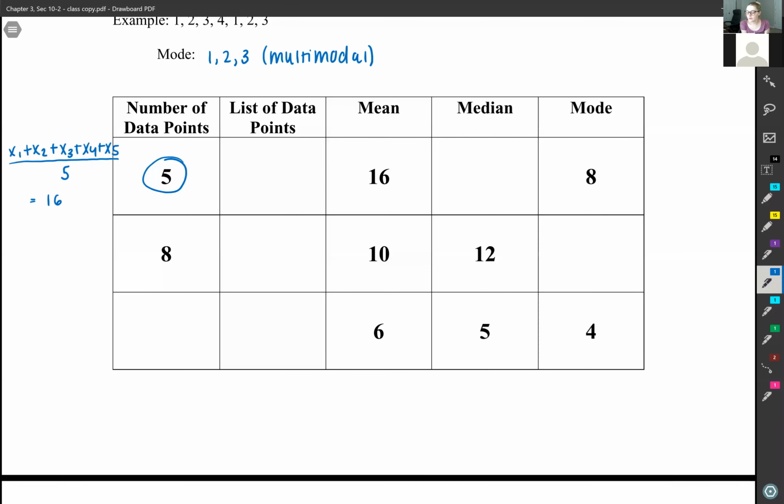So when I add up the 5 data points and then divide by 5, I get an answer of 16. So using some algebra, this means that when I add up all the data points, that should give me 5 times 16. And 5 times 16 is 80.